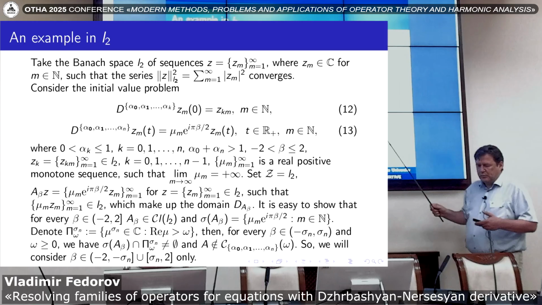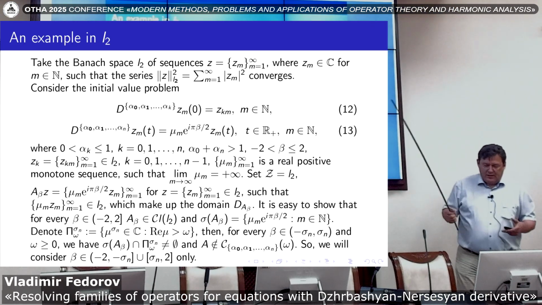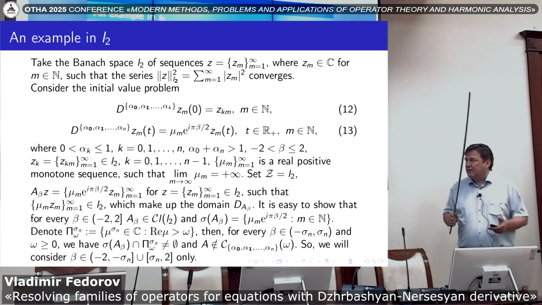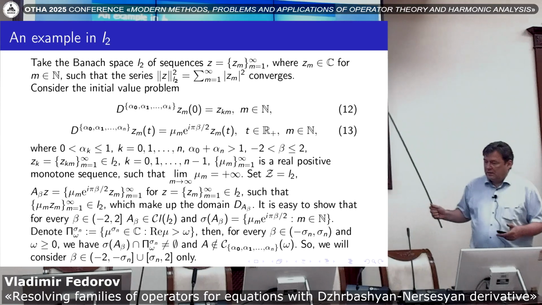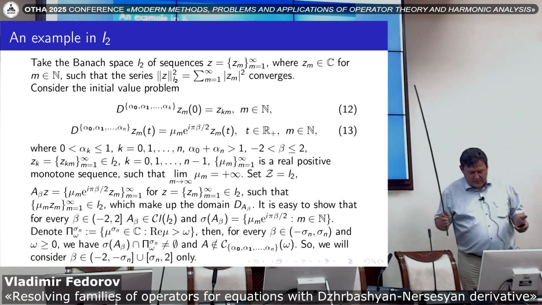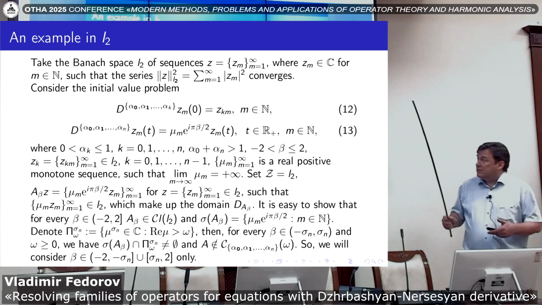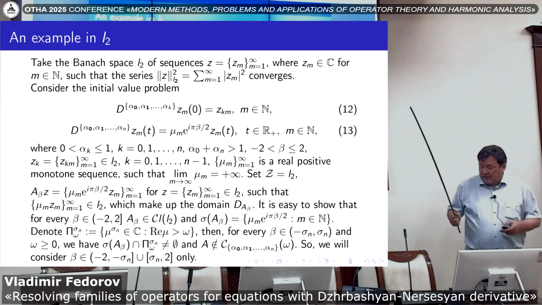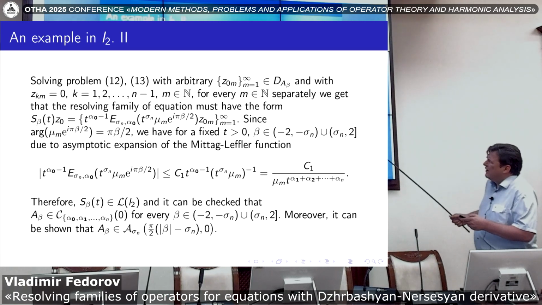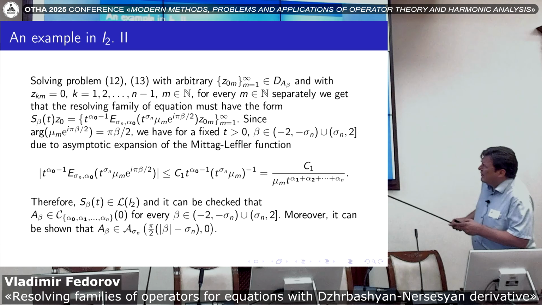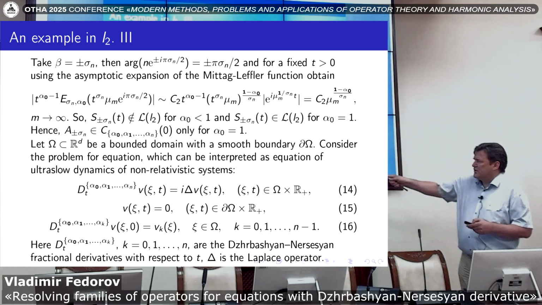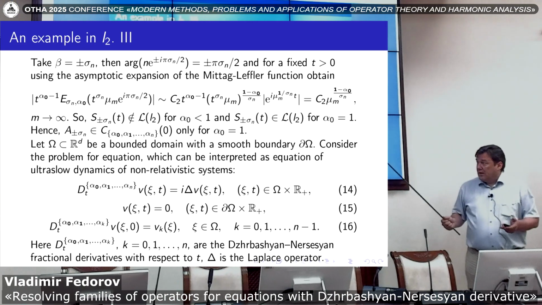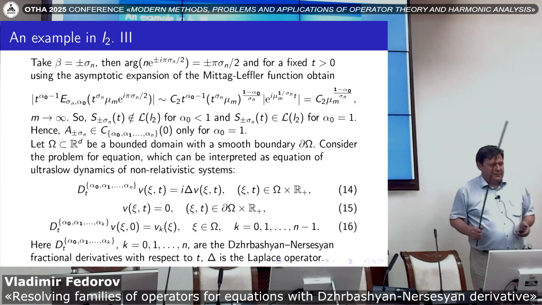We will obtain that operator A beta belongs to the class C alpha 0, alpha 1, and so on, alpha n, or belongs to the class A sigma n, that is, sectorial, or does not belong to these classes. And for example, such a problem can be reduced to the previous problem, and we will obtain one of these cases.